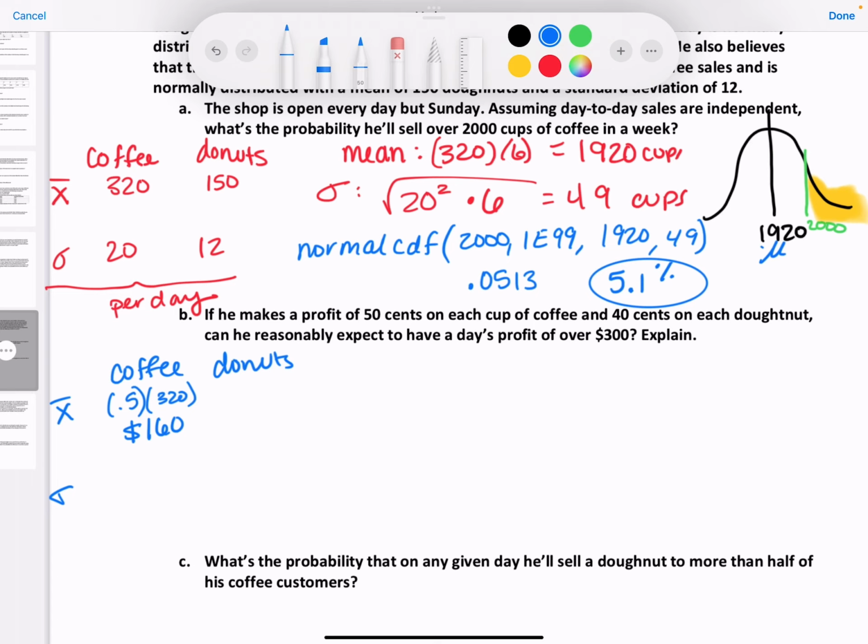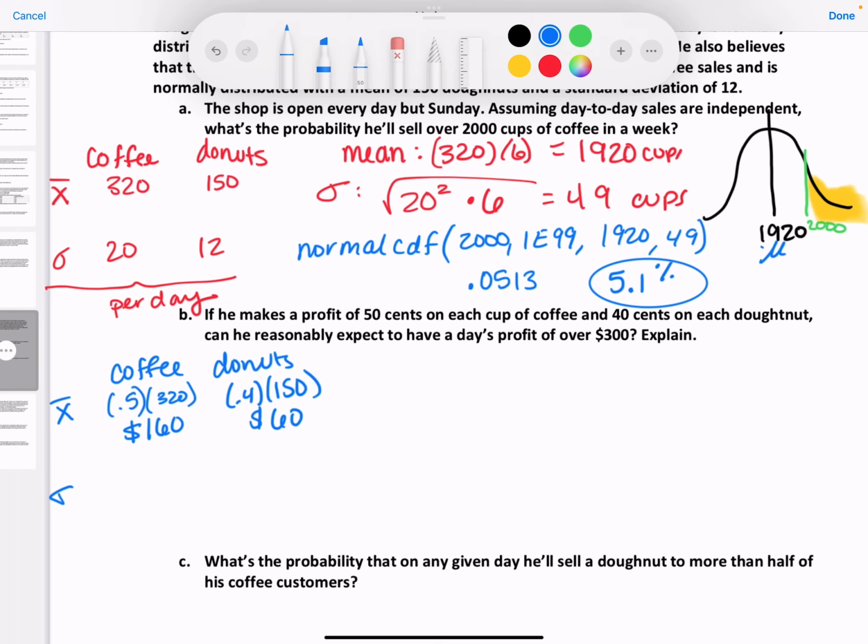Then for donuts, what would we do? 0.4 times 150, which is $60. And then for standard deviation, what is the standard deviation for the money?